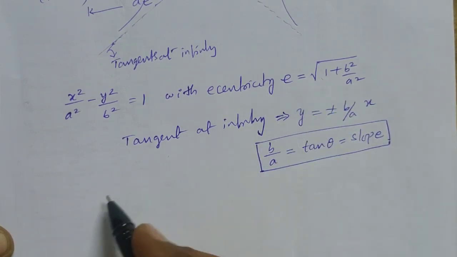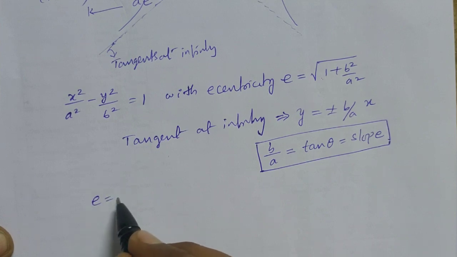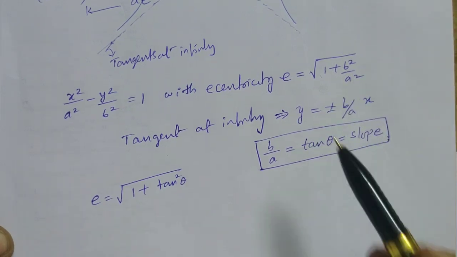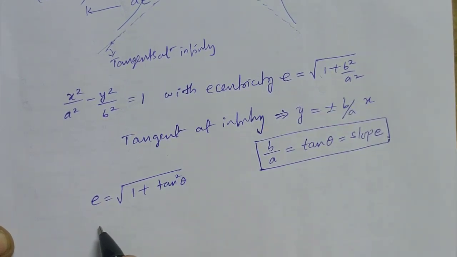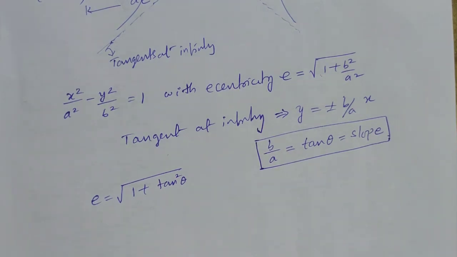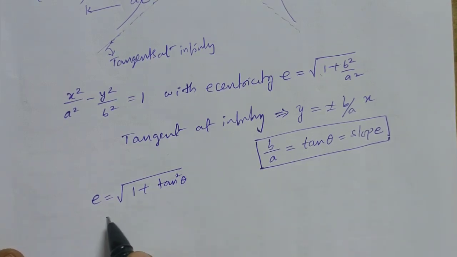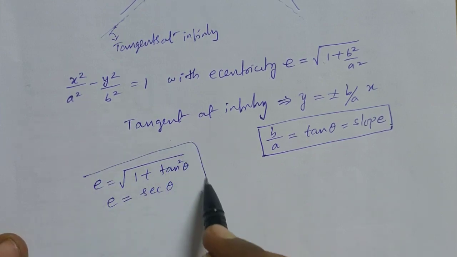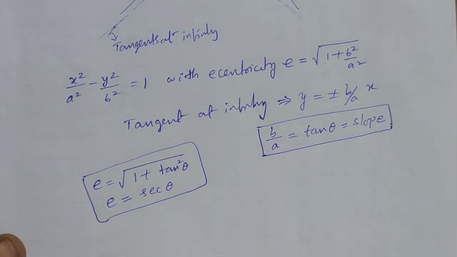E will become square root of 1 plus b square by a square, and b by a, the slope of the tangent, is equal to tan theta. So E is the square root of 1 plus tan square theta, which is very well known as sec square theta, so E equals sec theta. The eccentricity in terms of that angle is sec theta.